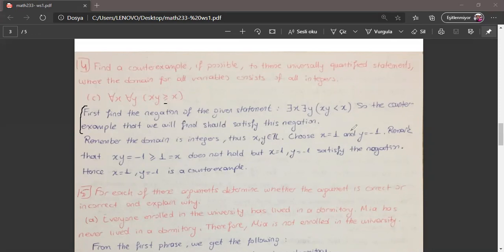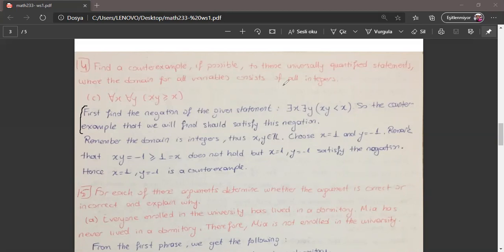The negation of this is this. So if we can find some x and y which do not satisfy this inequality, then they should be satisfying this inequality. So we can either find values which satisfy this or which do not satisfy this, okay?